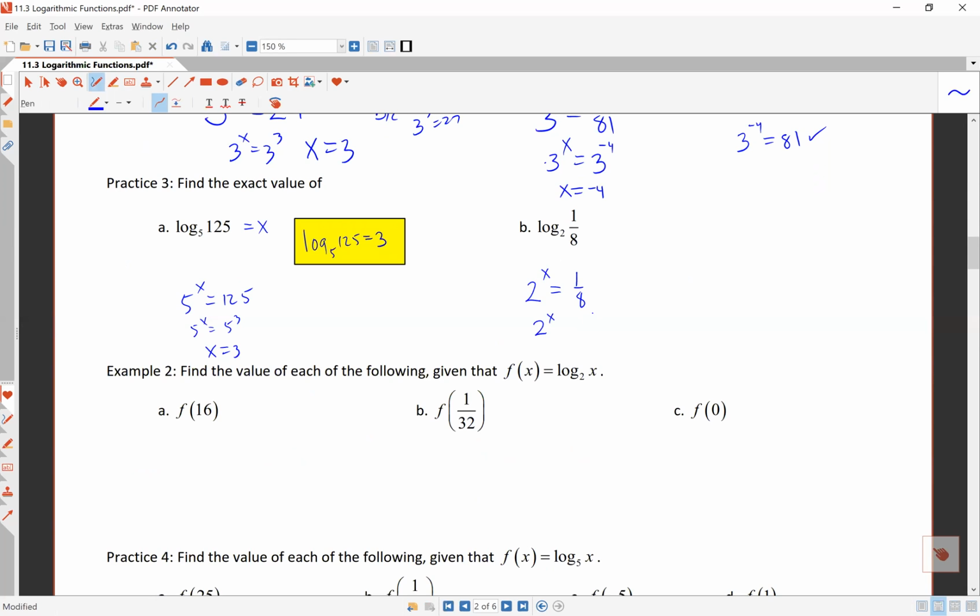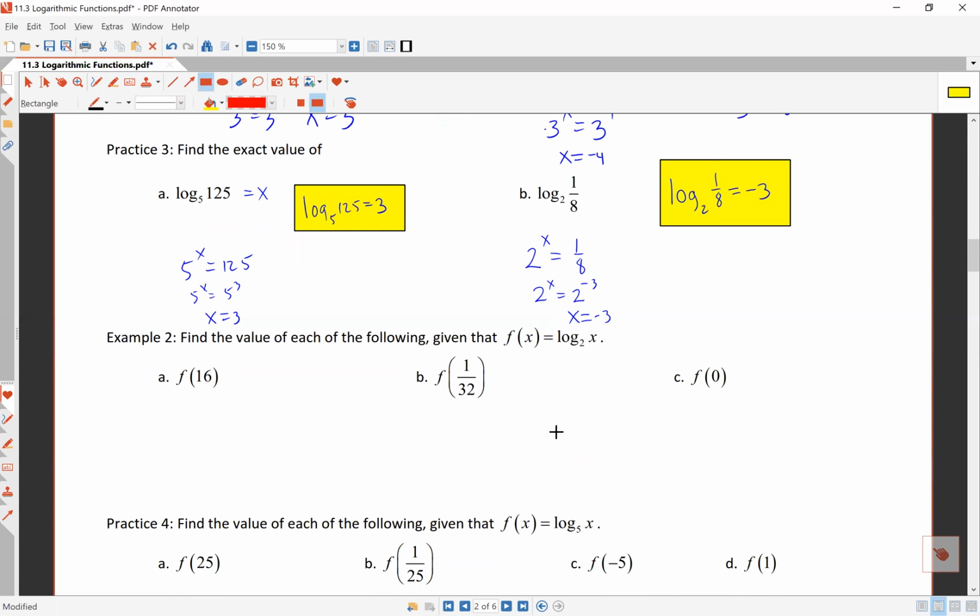The right side is 2 to the negative 3, which gives us x equals negative 3, or the log base 2 of 1/8 is negative 3. So again, remember, when finding logarithms, we're finding the exponent on the base to get the number inside.